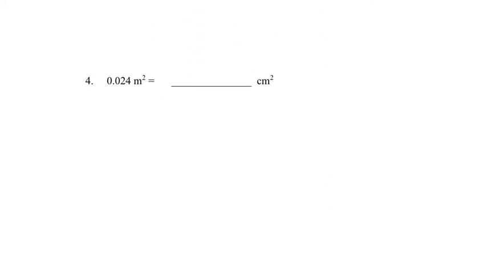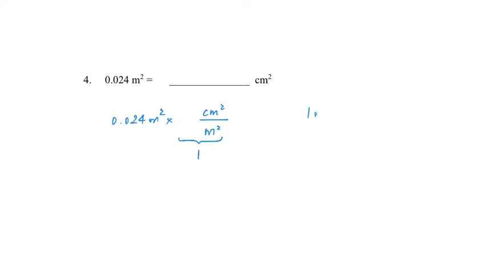And then similarly for question 4, 0.024 meters square, we would like to eliminate meters square and times cm square, which means that we have to make this part into 1. Since 1 cm, maybe this is easier, is equal to 10 to the power of minus 2 meter.